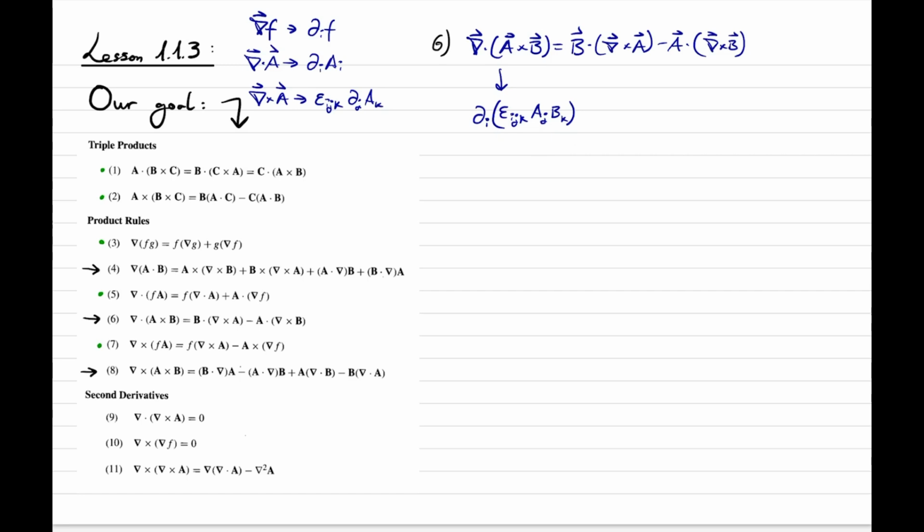Okay. So the Levi-Civita symbol is constant, so we can pull it out from the derivative, and we are left with this. And now we are going to apply Leibniz rule. Remember from the last lesson, the properties 3, 5, and 7, they were all Leibniz rule.